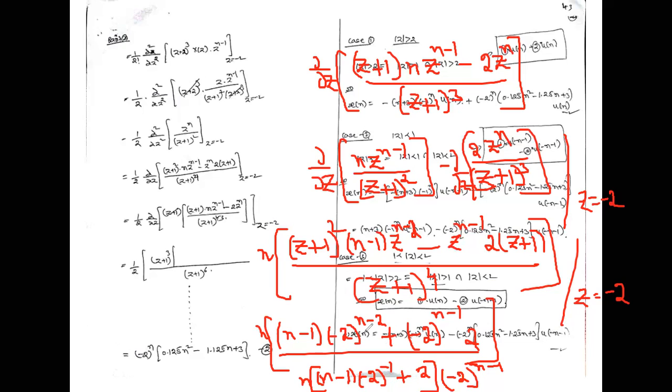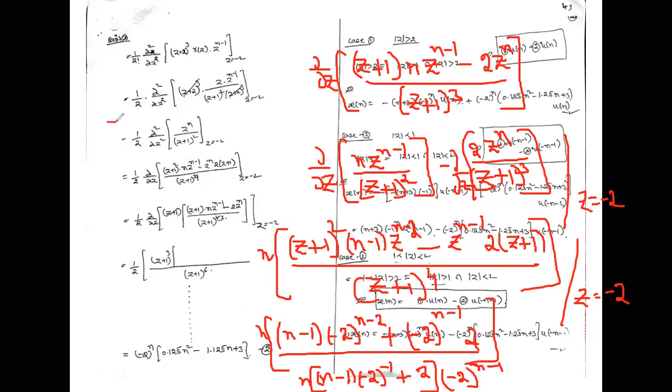What does it matter, friends? The second term we can take here. What is the second term? ∂/∂z of 2z^n / (z+1)^3. Already we did that, it is z^n / (z+1)^3.